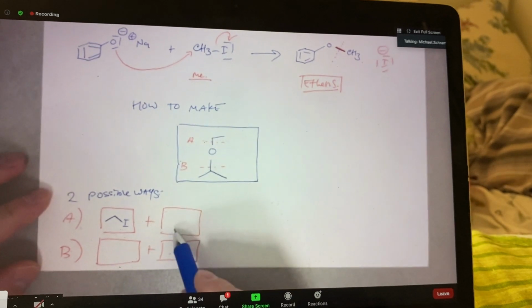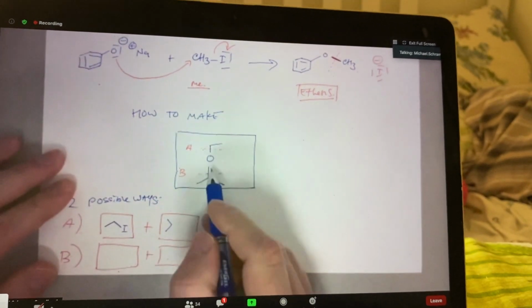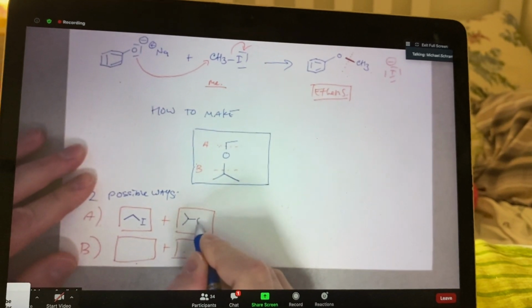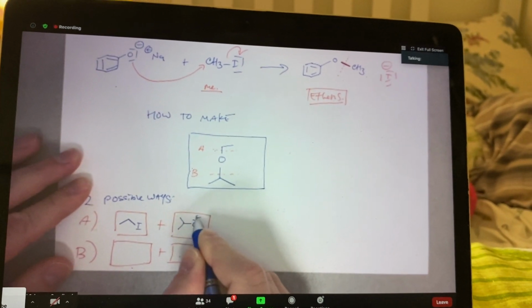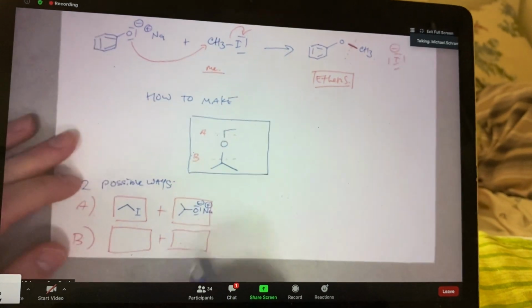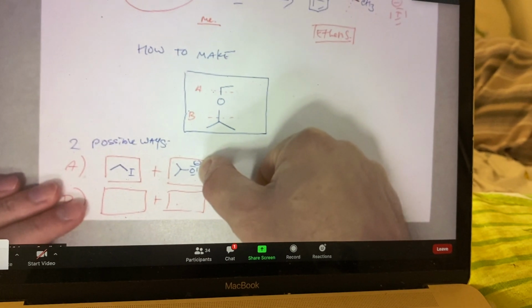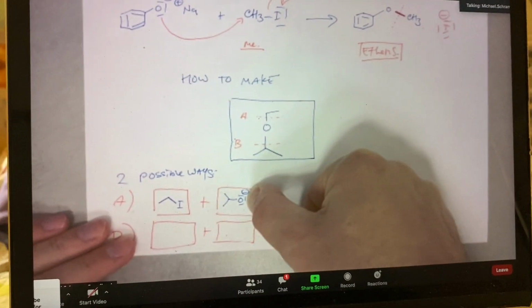The other side of the equation, you need to have a nucleophile that has oxygen in it, and it has all these carbons attached to it. This would be isopropoxide, and to be perfectly technically accurate, we would write sodium next to it. But if you simply wrote this particular fragment here, that would be enough for me.